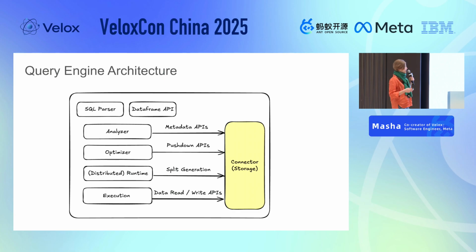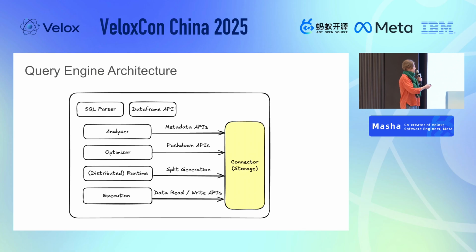There is also a runtime which takes care of coordinating execution among possibly multiple nodes on the cluster. It figures out how to split the input data into chunks small enough to be processed by a single node, how to distribute those splits across all the workers available in the cluster, and how to manage workers producing results, aggregate them, configure shuffles, and so on.